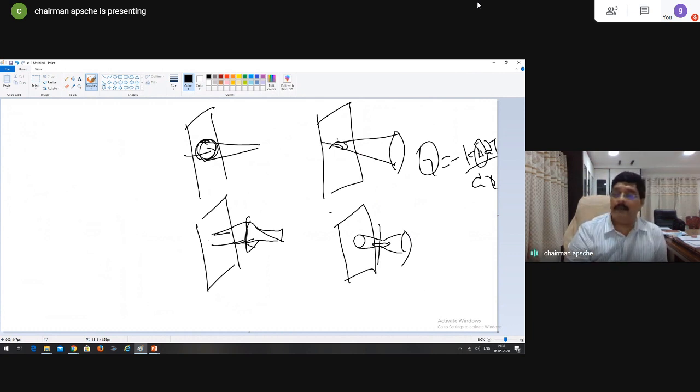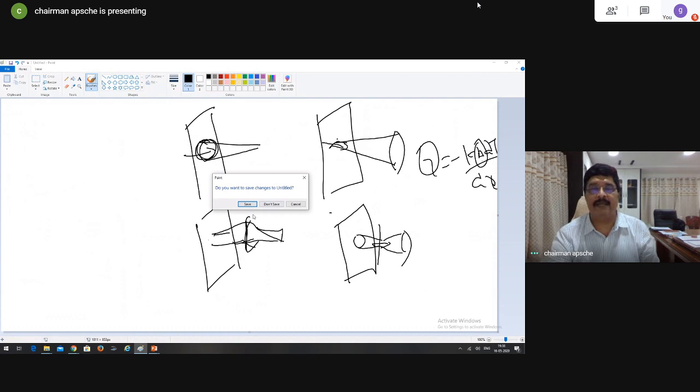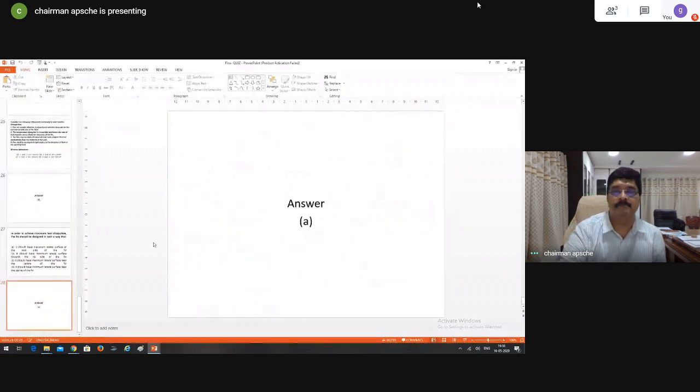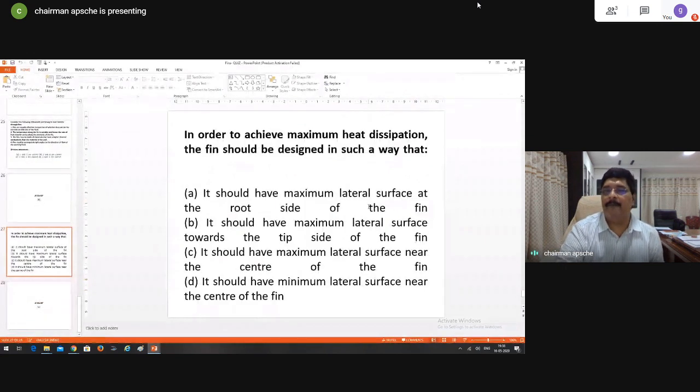No point in adding cross-sectional area at the middle, whereas the cross-sectional area should be at the beginning, where the fin is joined to its base, and therefore higher lateral surface or higher cross-sectional area is preferred for a fin at the base. So A is the answer. Should have maximum lateral surface at the root side of the fin. Okay, root, tip, center. That's what it says.